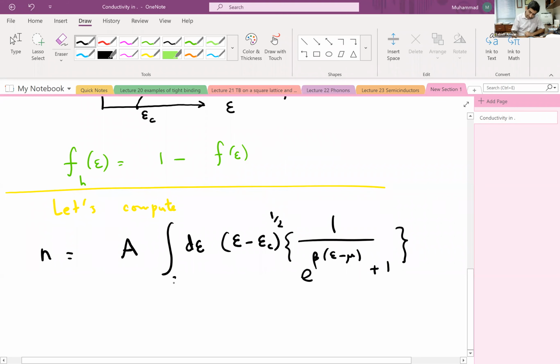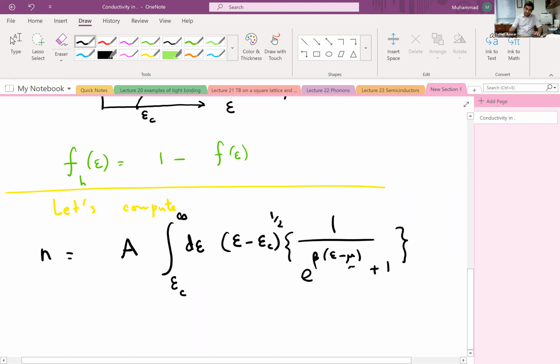And I integrate from the lower edge of the conduction band to infinity. You can evaluate this integral numerically, provided you knew what mu is going to be.